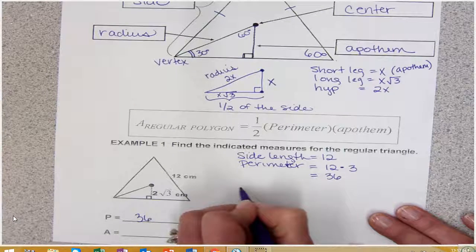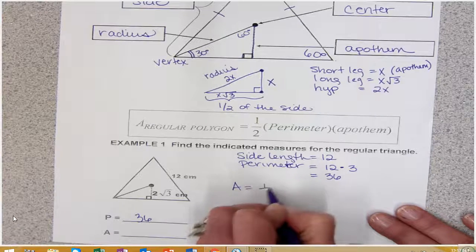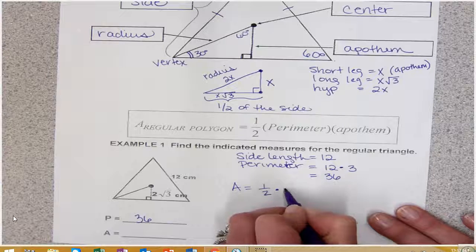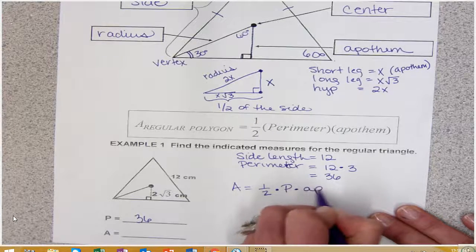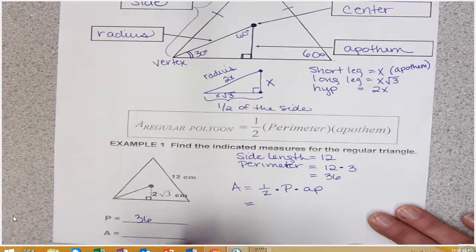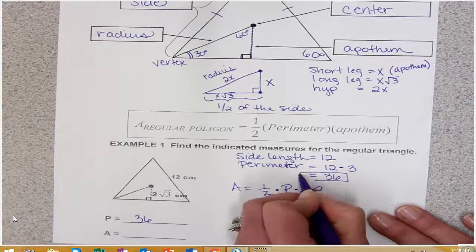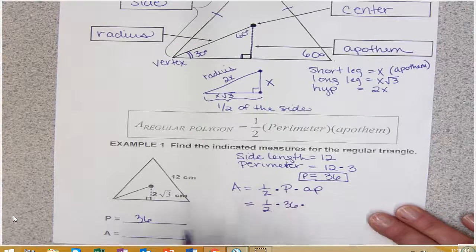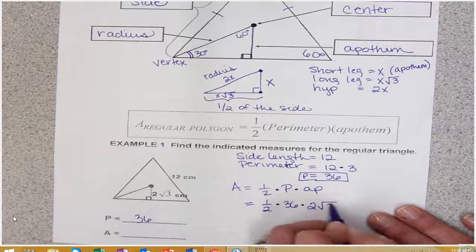The formula for my area is 1/2 times the perimeter times the apothem. 1/2 times my perimeter is 36 times my apothem is 2 square root of 3.